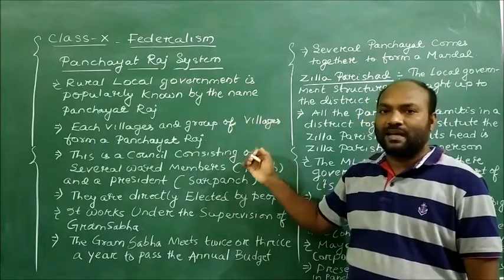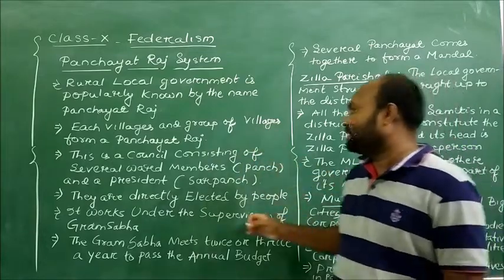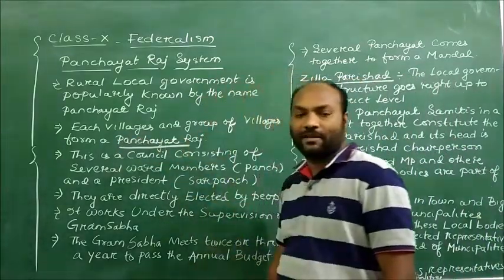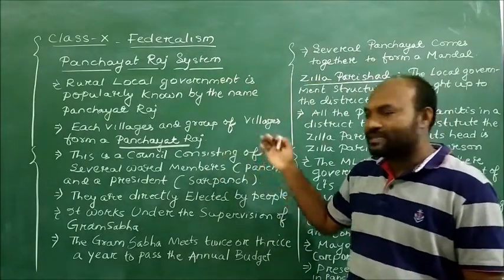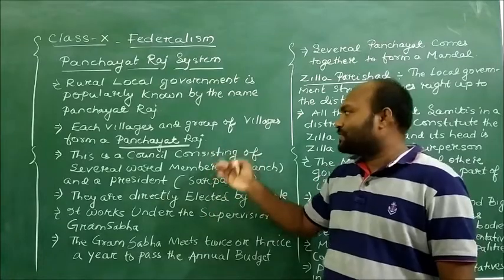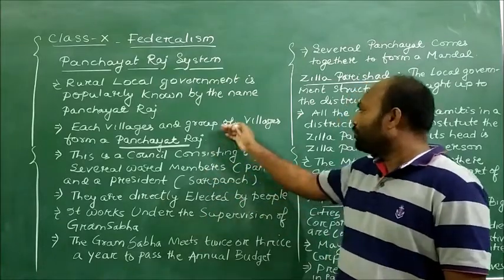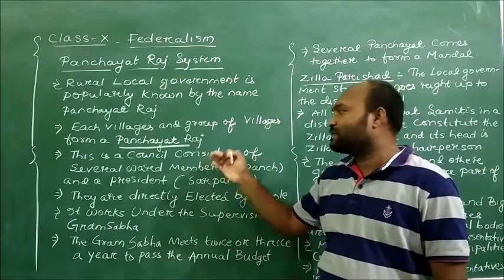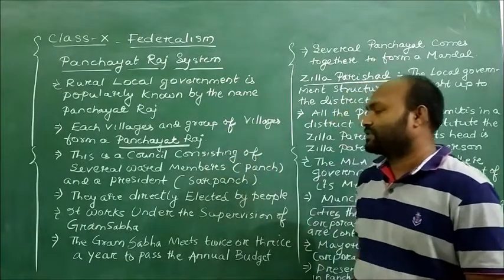So dear children, when we talk about the Panchayatraj system, each village as well as a group of villages forms the Panchayatraj. So who forms the Panchayatraj here? When several villages, as well as groups of villages, come together, it forms the Panchayatraj.